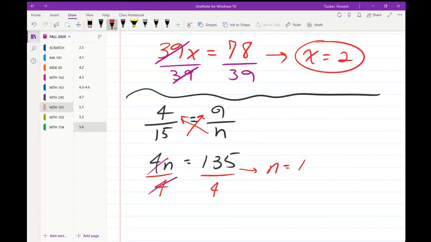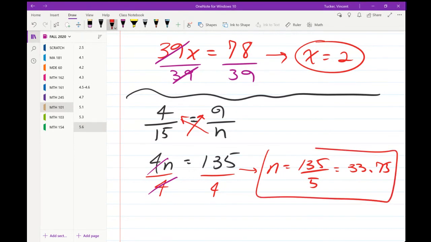N is equal to 135 over 4, or 33.75, I think. Let me see. Yep. So Connect Math will let you know which answer they want or what form of answer you want, but either one of them should be fine.